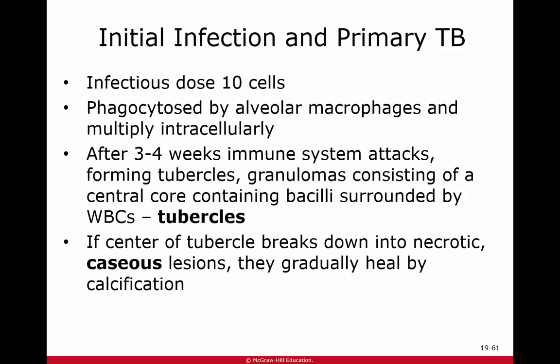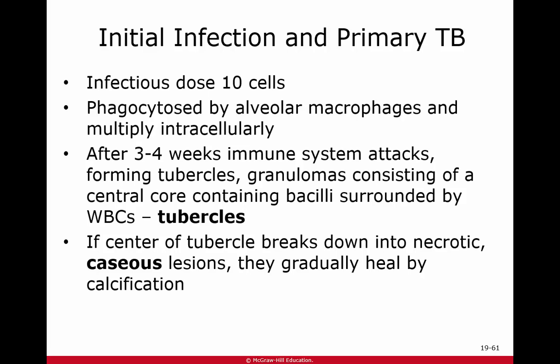The infectious dose is just 10 cells, and they get phagocytized by your macrophages in your alveoli, and they multiply intracellular. And then after 3 to 4 weeks, your immune system attacks it, and this forms these tubercles, which have a central core that contain the bacilli, and it's surrounded by white blood cells.